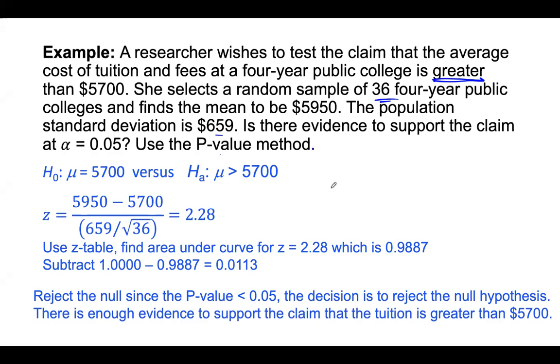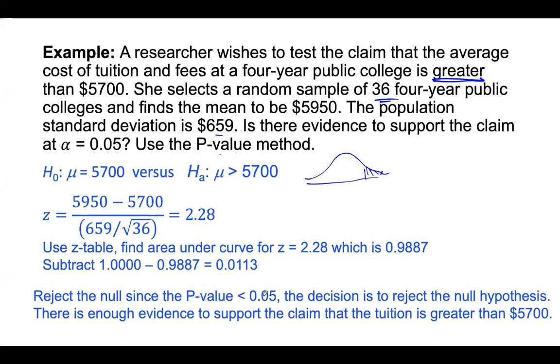Then, because it's of course right-tailed, we want to subtract 1 minus this value to get that probability, that p-value, 0.0113.